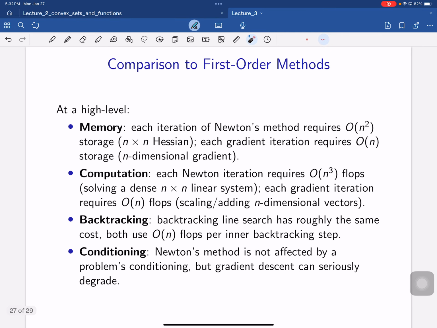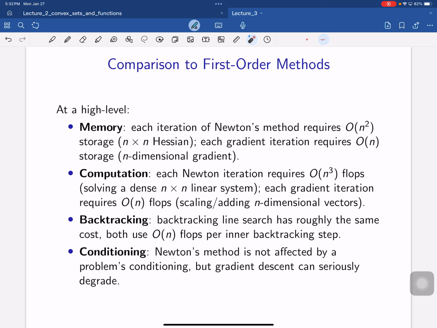So let's compare a little bit first order methods and second order methods, or maybe discuss when you use first order methods and when you use second order methods. First of all, let's consider the memory for storing those matrices.